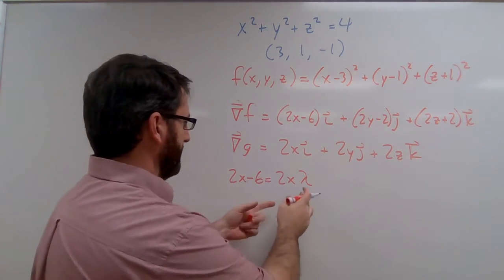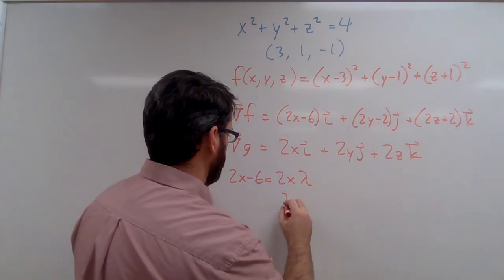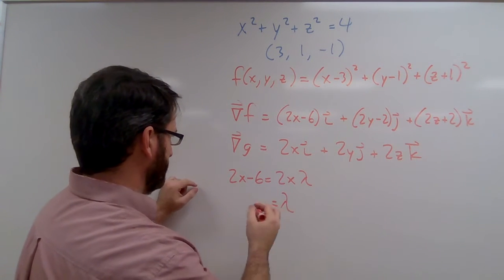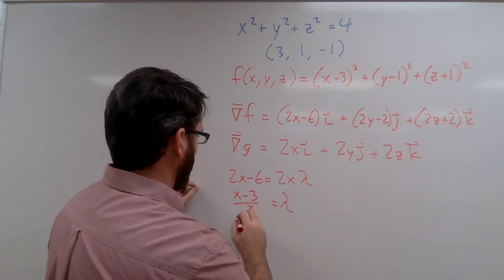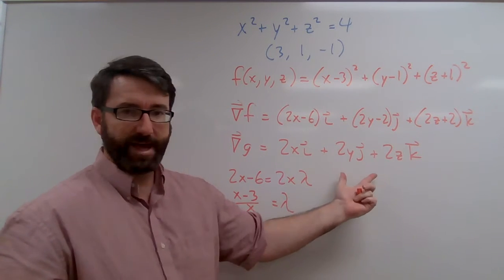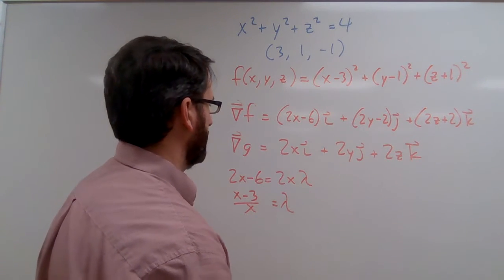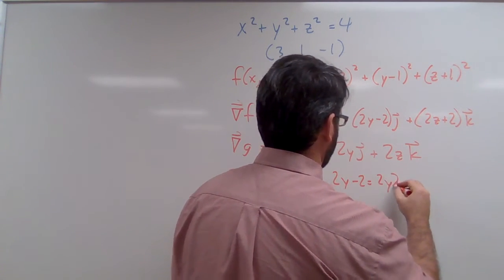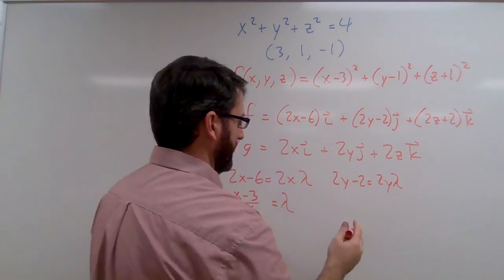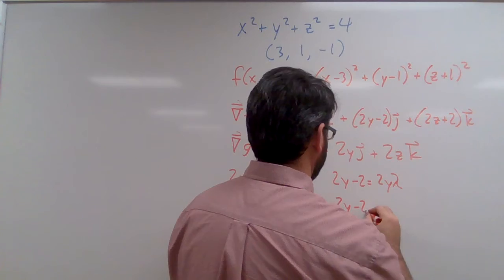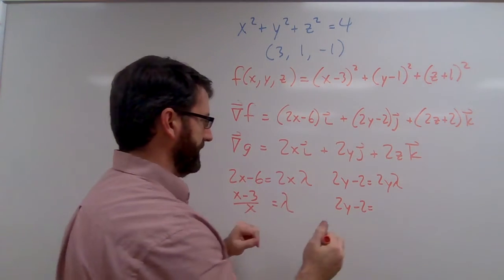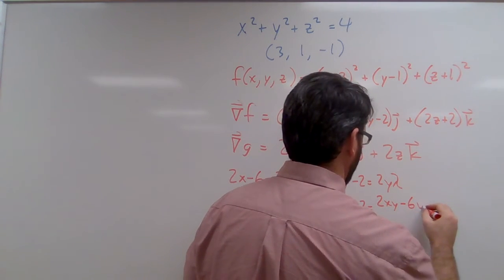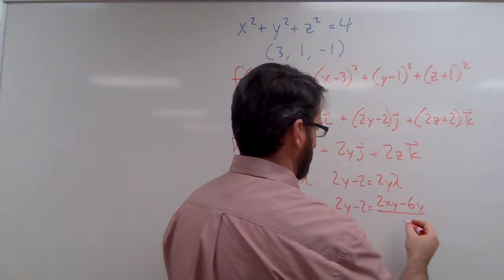And so let's solve for lambda. If we divide both sides by 2x, we're going to get that lambda is equal to (2x - 6) divided by 2x, which is (x - 3) divided by x. Now let's use that lambda up here. So we got 2y minus 2 is equal to 2y lambda. If we plug in this value for lambda, we get 2y minus 2 is equal to 2y times (x - 3)/x, so 2xy minus 6y divided by x.